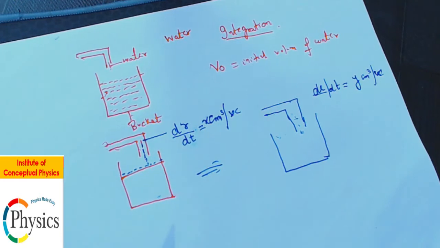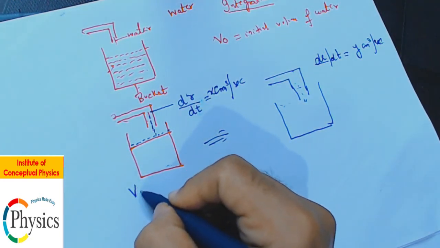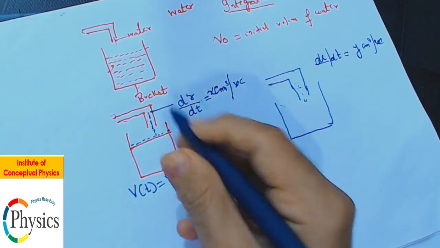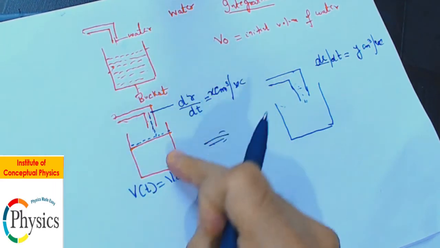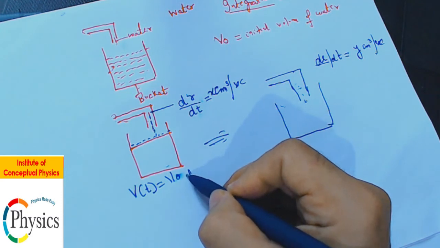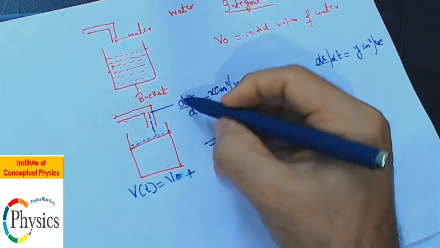And therefore, in a small time interval, the bucket will have a volume which will be the initial volume when there was no water coming in from the tap. So initial volume plus a very small volume will get added to it because of this rate, right?